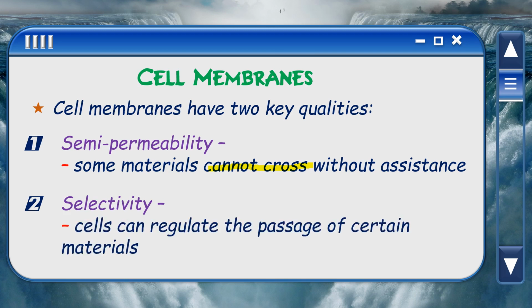In selectivity, the cell regulates the passage of certain materials. Those are the two key qualities of the cell membranes.